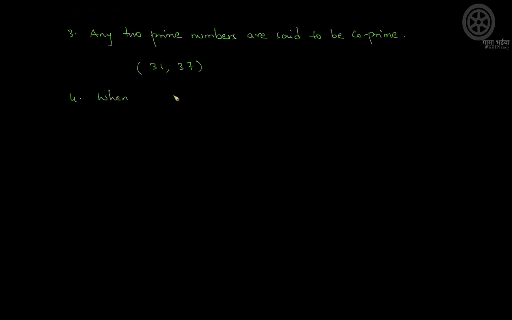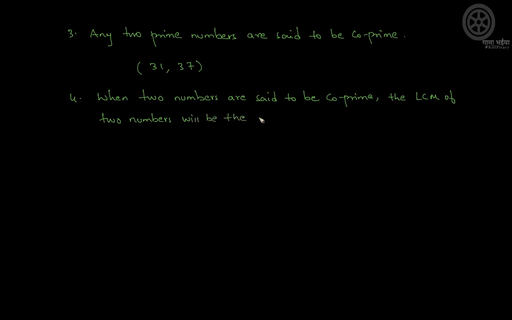When two numbers are said to be co-prime, the LCM of two numbers will be the product of the given two numbers, right?